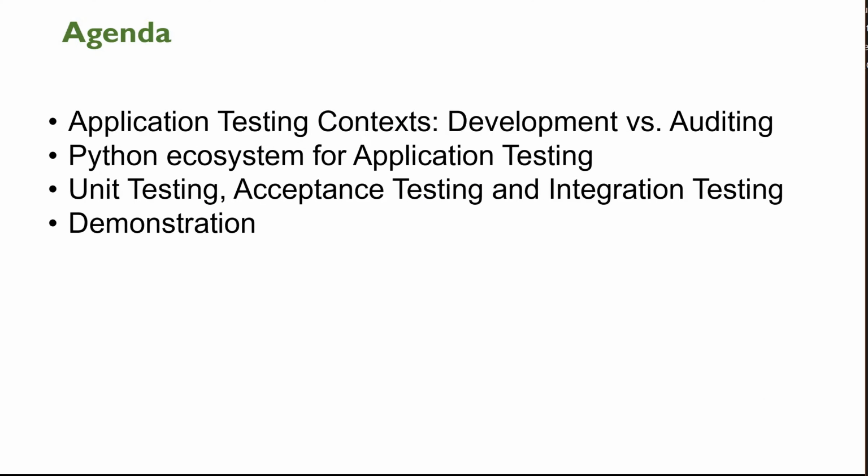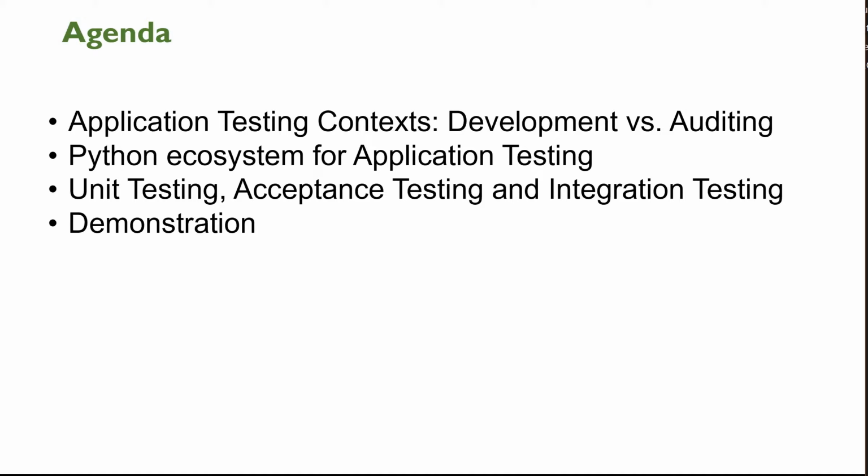Okay, so today there are a couple of things I'd like to go through. Number one is the context of application testing from the development point of view and from the external party point of view, namely the auditing point of view. Second, I'd like to talk about the ecosystem of Python, what Python can offer in terms of testing.